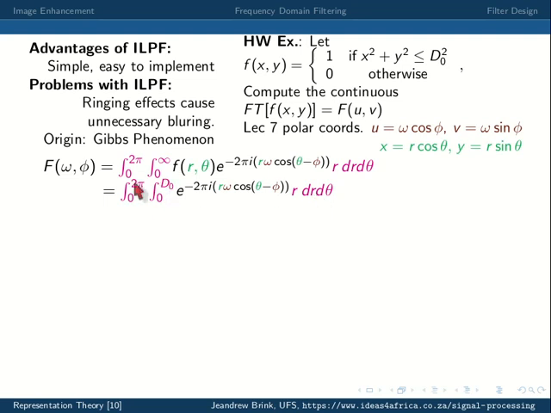Okay, so it's literally the integral from 0 to 2 pi, the integral from 0 to d0 of this whole thing. And then the next step, if you want to compute the integral, is look at this thing. You can do two things.